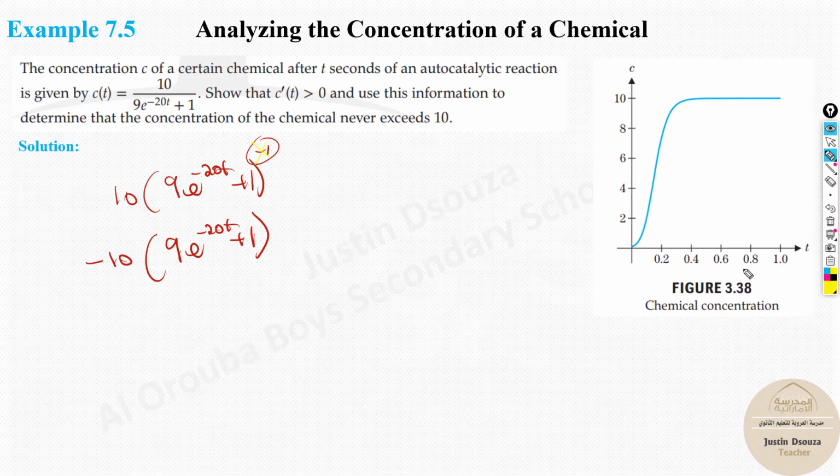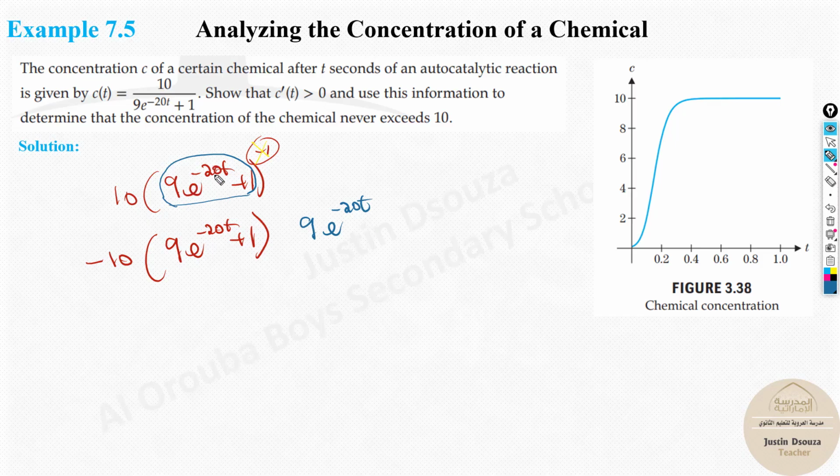Now let me use the blue color and derive whatever is inside. The derivative of whatever is inside: this side is 0, so plus 1. Don't ignore that. Only this one, 9 e to the power minus 20t as it is. Here exponential is done.